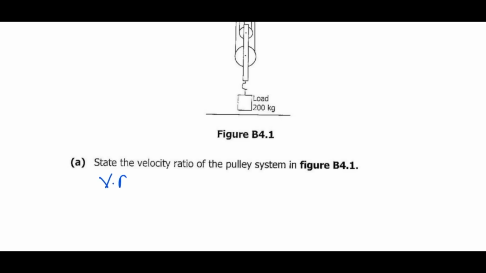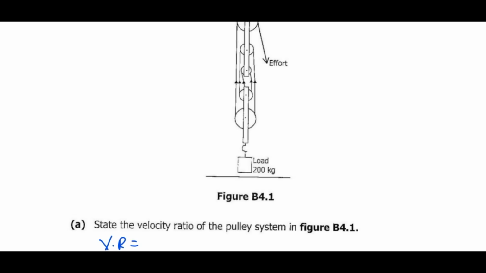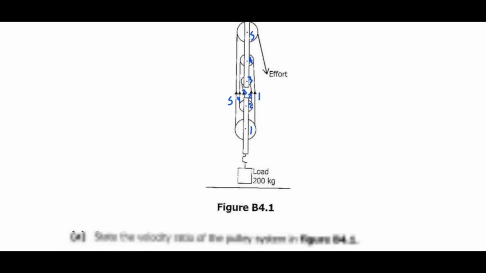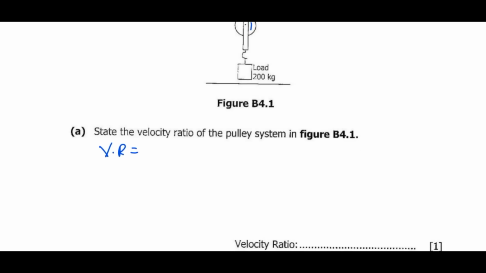So VR is equal to, here you have to count the number of ropes. So we have 1, 2, 3, 4, 5, or you can just count the pulleys. We have 1, 2, 3, 4, 5. So our velocity ratio is just 5.